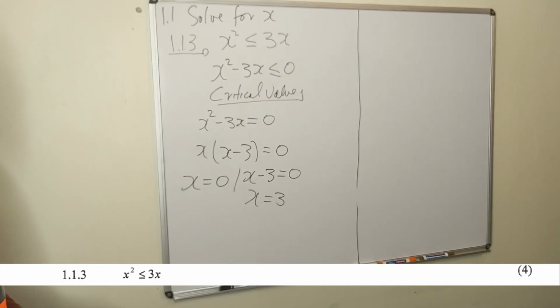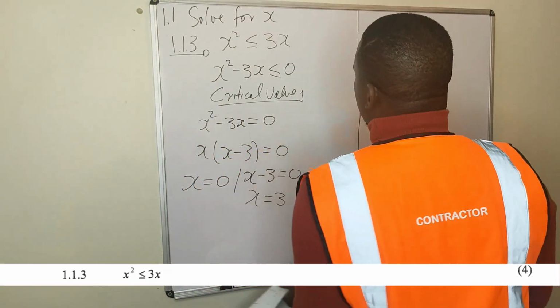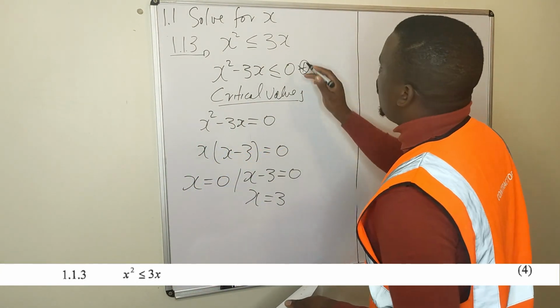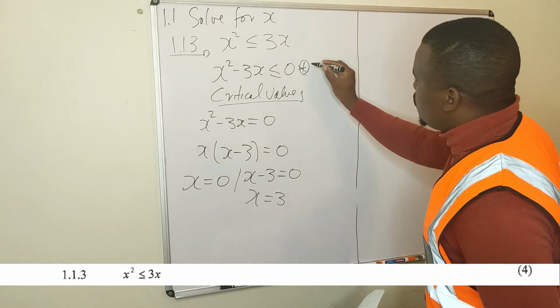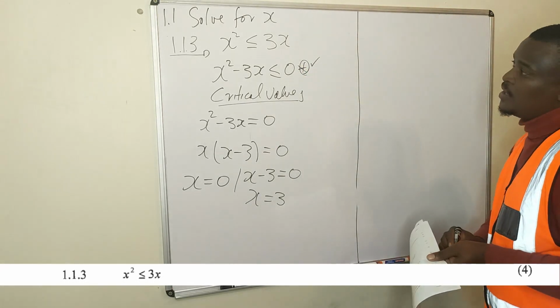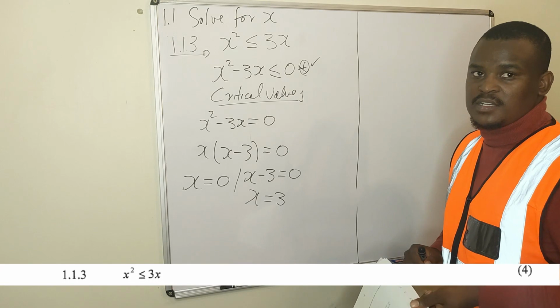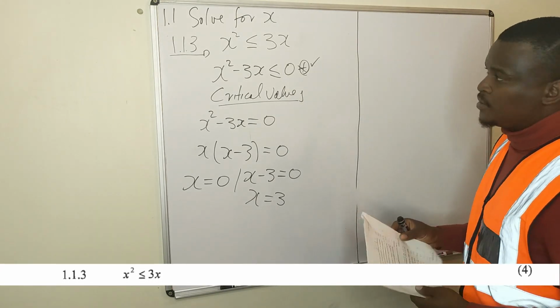So what do we do next? We try to draw a rough sketch of this situation, or of this one if you want, but I like using this one because it is much simpler. It's a straightforward quadratic function.